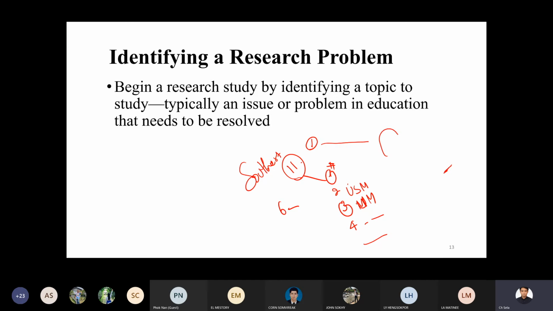Number six, I think, is Chulalongkorn University in Thailand. Number seven and eight, Malaysia again.